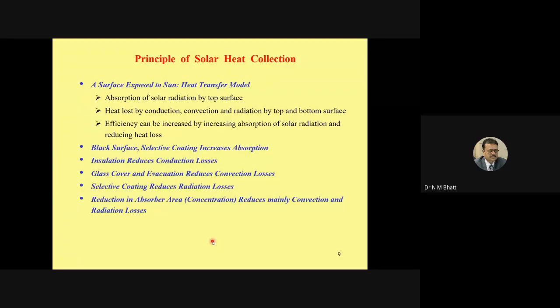Compared to, let's say, a red or magenta surface, if the surface is painted black or selectively coated, the absorption would be higher.